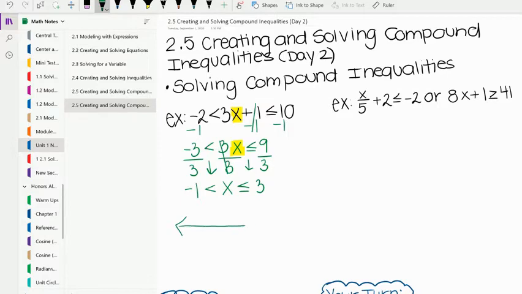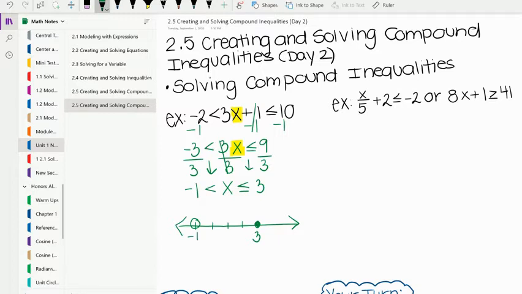So I'm going to go ahead and graph this on a number line. I'm going to make it kind of sloppy, so I'll say that's -1, 0, 1, 2, and 3. So at -1, I should have an open circle because it's just greater than -1. And at 3, I should have a closed circle because it's equal to.